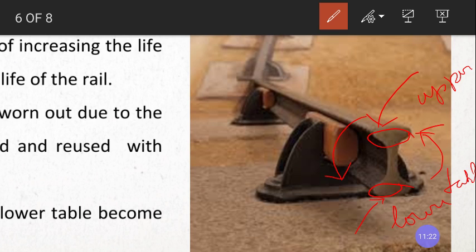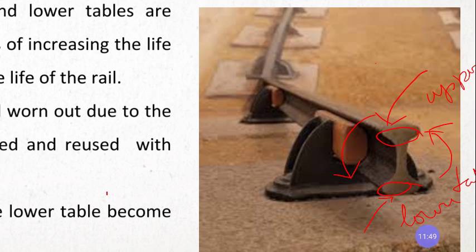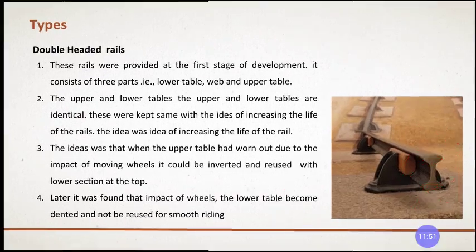We saw that the lower portion was also getting worn out. So this type of rail was not necessary, because if we provide the same dimensions on both sides, then we are wasting more steel, because the dimension is more but it is not of much use.